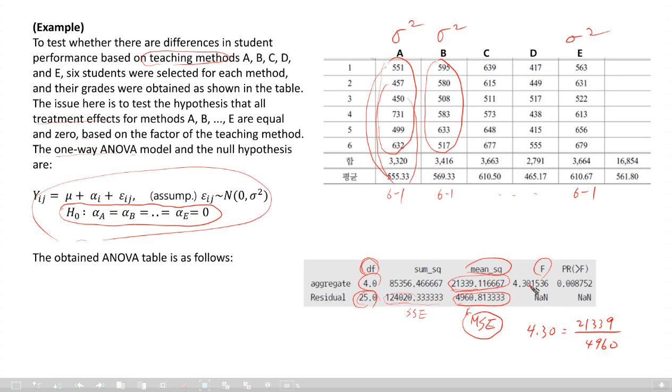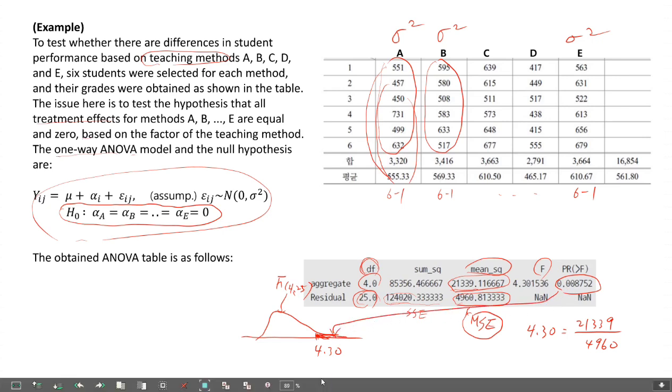That is the value of the test statistic F. And this one is the p value, 0.008752. What is that? There is an F distribution with degrees of freedom 4 and 25, right? Your F value here is 4.30. The p value is this area, 0.008752. Okay, get it?